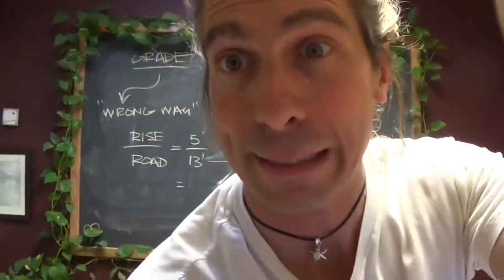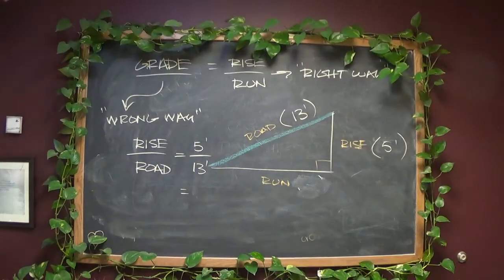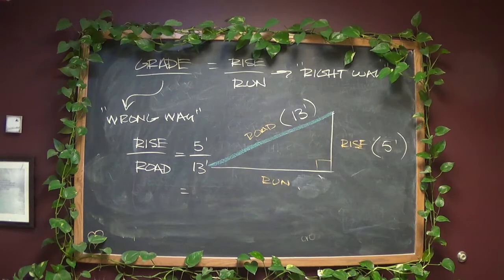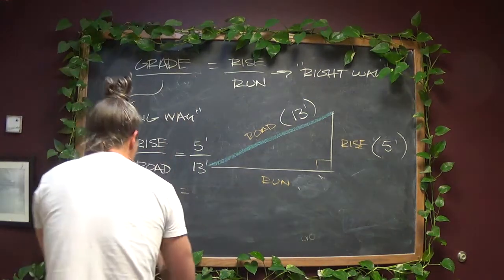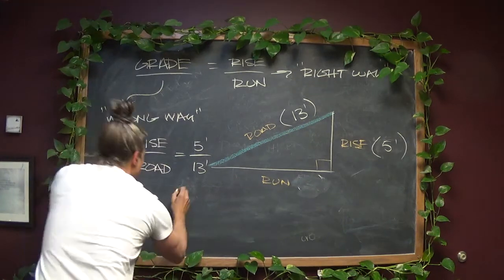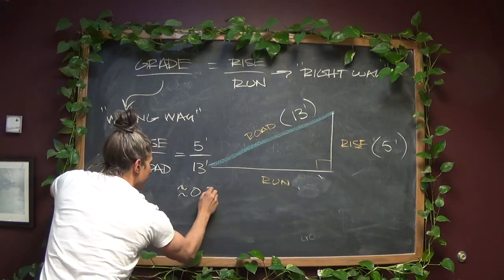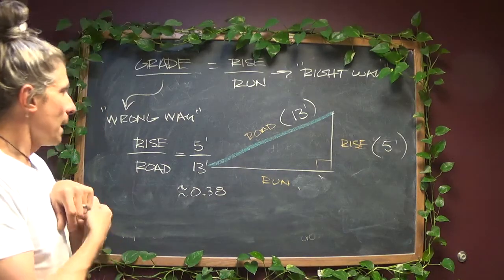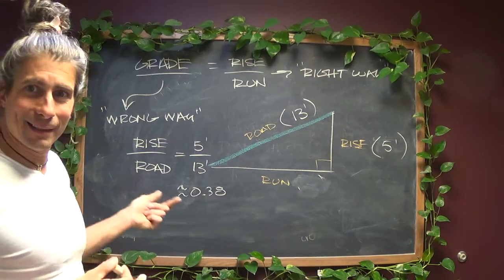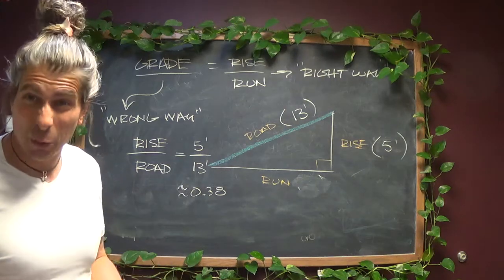Whoa, I just hit the camera, I'm sorry. As you can tell, I need a staff here. Okay. 5/13 gives us a percentage grade of about 38%. Okay, fantastic. But the problem is that that's the wrong way of doing the grade.